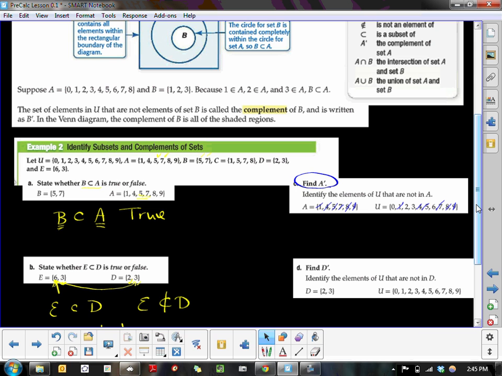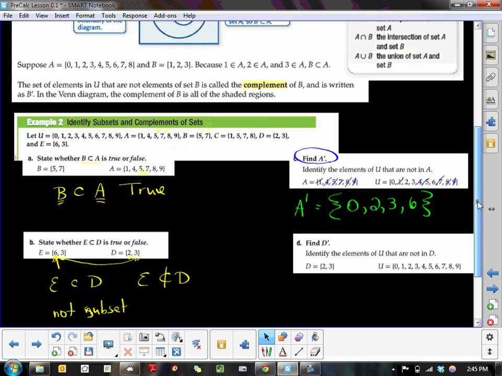And now the A prime, the complement of A, would be the set of those things in the universe that are not in A that are still standing: 0, 2, 3, 6. That is your complement. Everything in the universe that is not in set A.